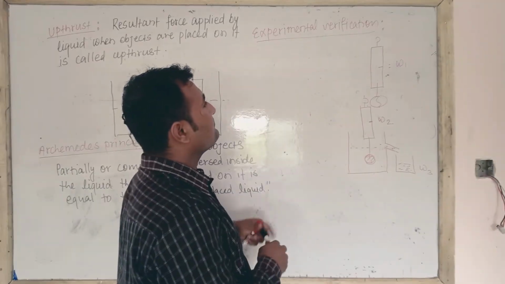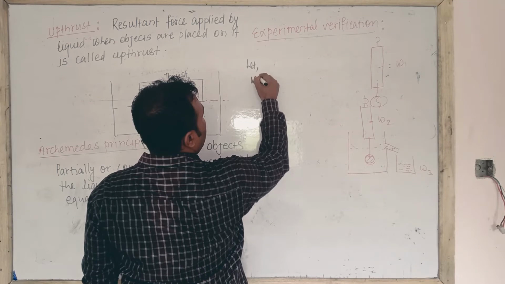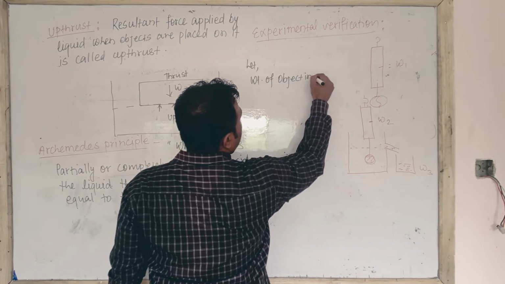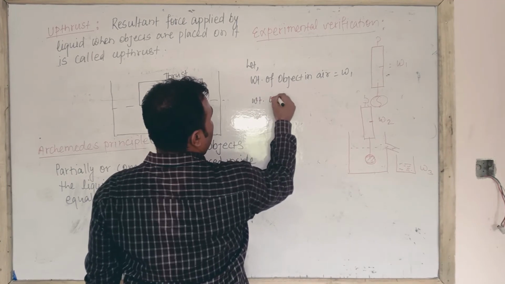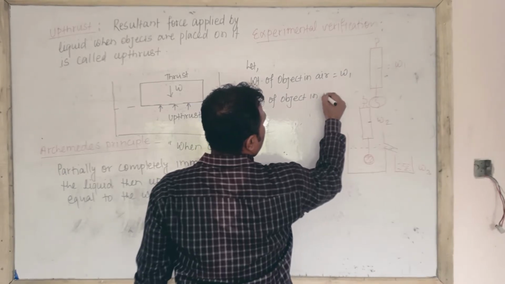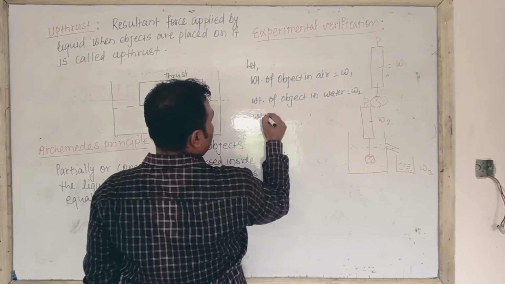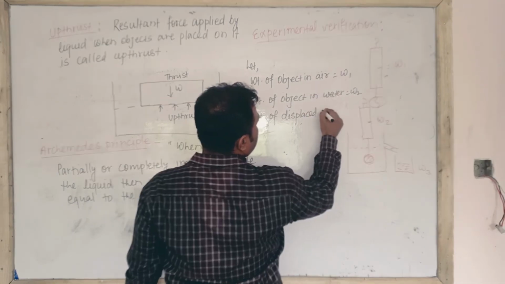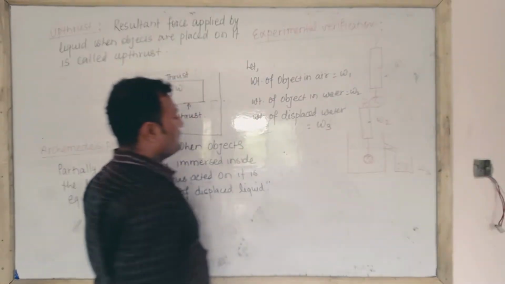And we found that, let us say, weight of object in air equal to W1. Weight of object in water equal to W2. Weight of displaced water equal to W3.